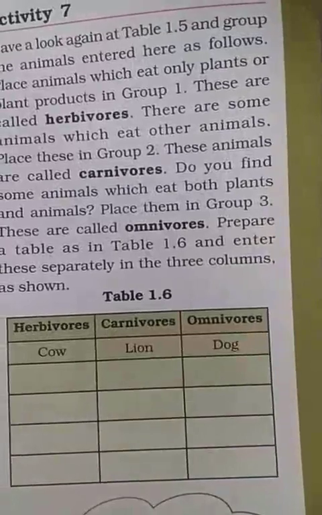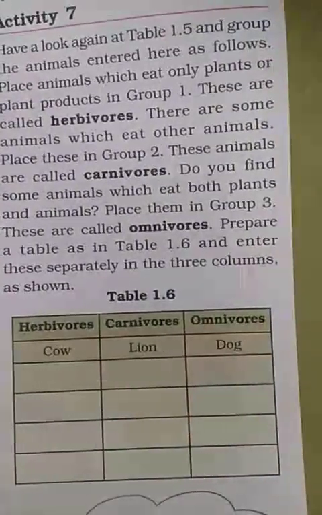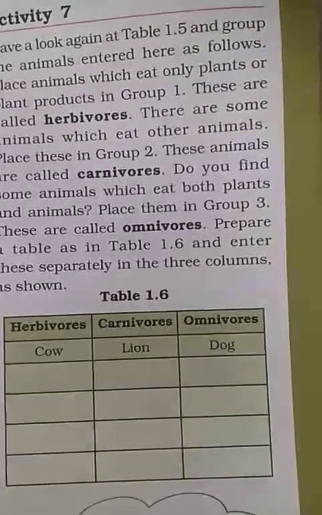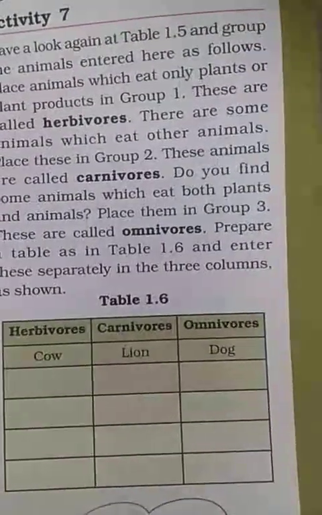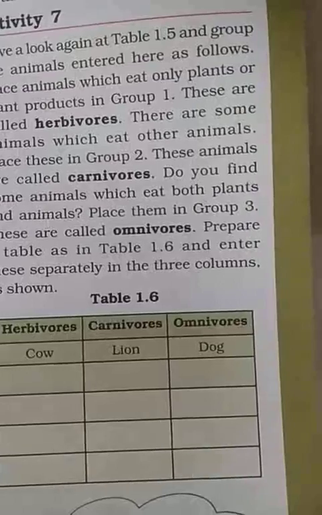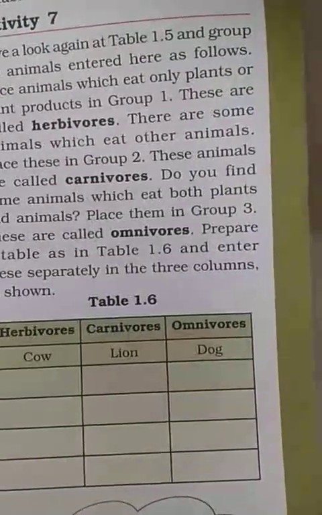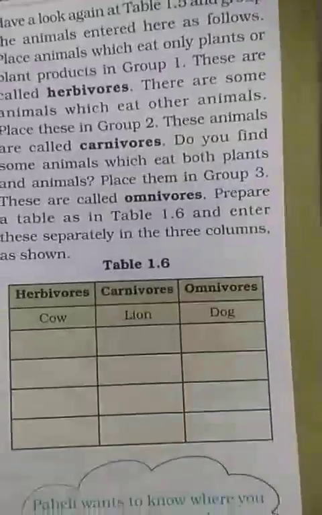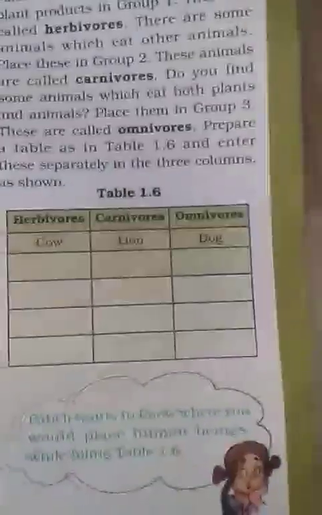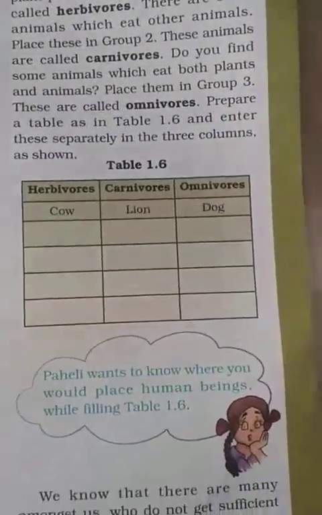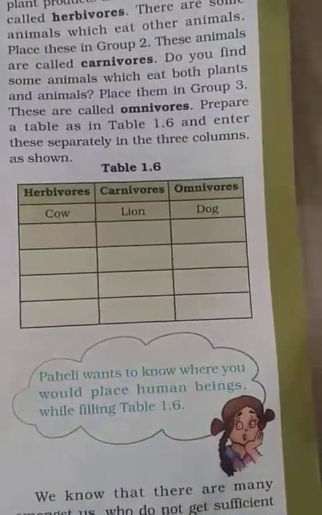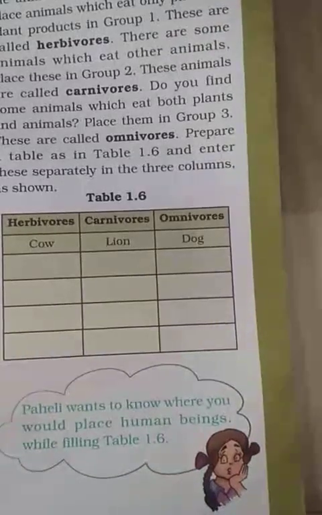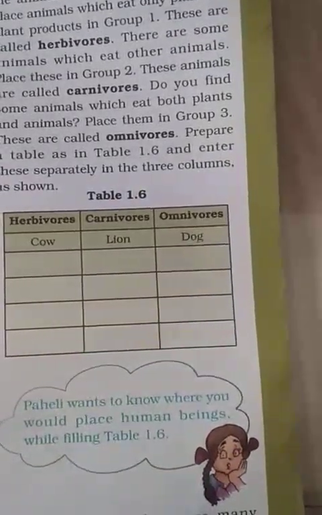Carnivores means the animals which eat only the flesh of animals, and omnivores means the animals which eat plant products also and animal flesh also. They are known as omnivores. Now you have to prepare another table with the names of the animals which are herbivorous, carnivorous or omnivorous.